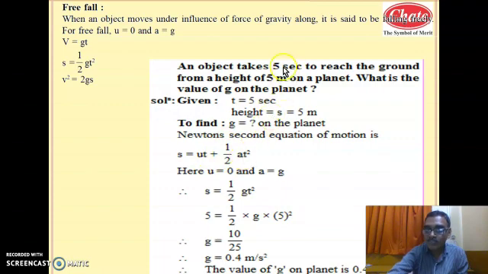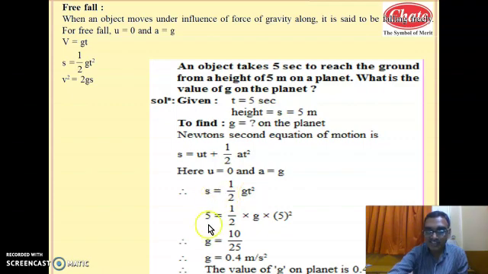As the object is falling freely, only Earth's gravitational force acts on it, so it is said to be in free fall. Substituting the free fall condition, u = 0 and a = g, the equation becomes s = 1/2 gt².